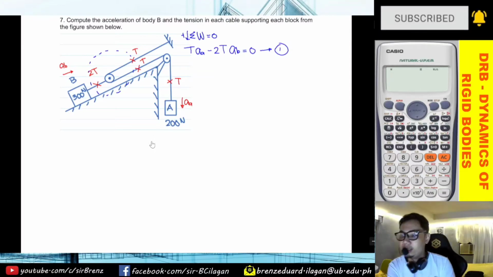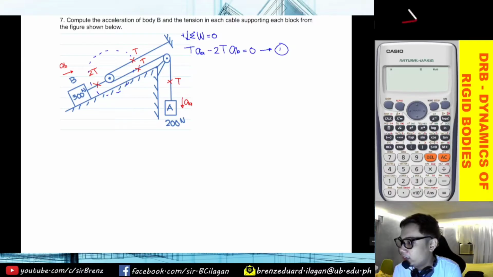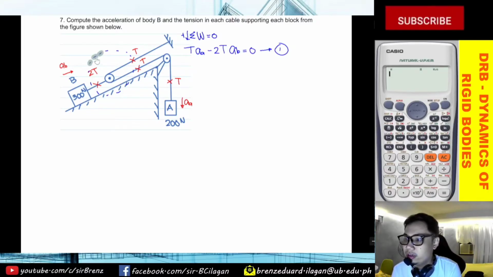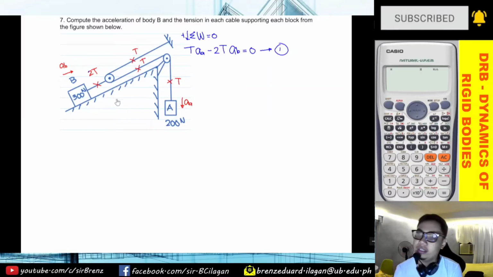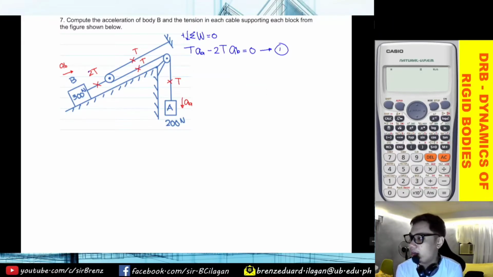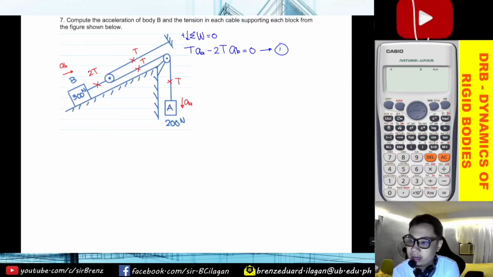Okay, since meron na tayong mga forces and na-determine na natin yung motion niya, which will go upward, yung block B will go upward along the inclined plane. So the next step that we can do here is to establish an equation depende sa mga free body diagram na magagawa natin.